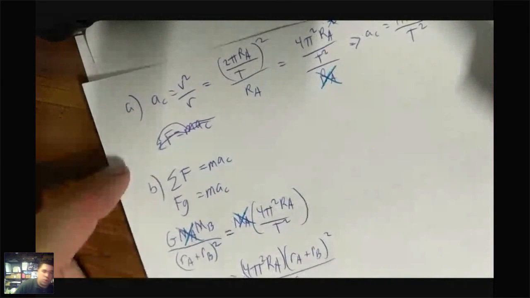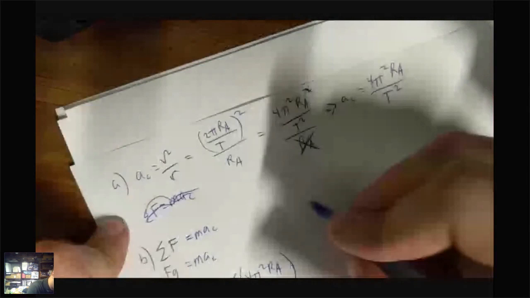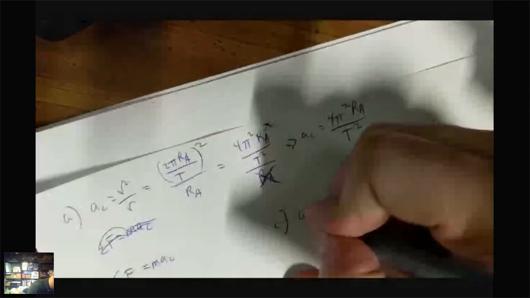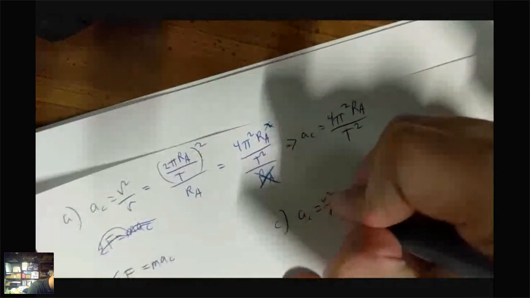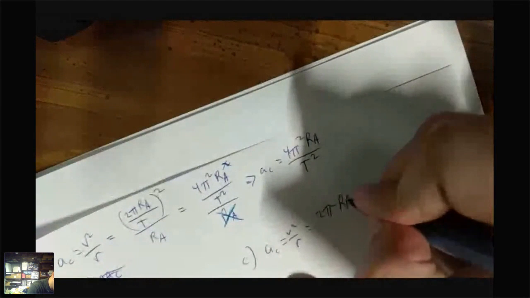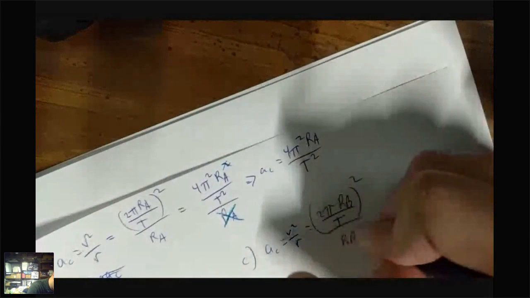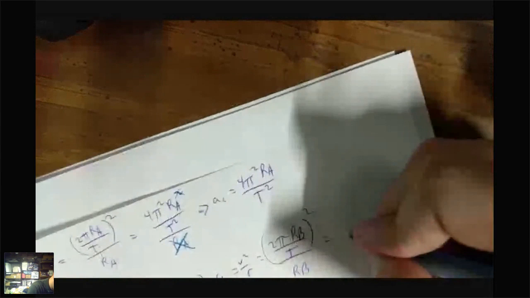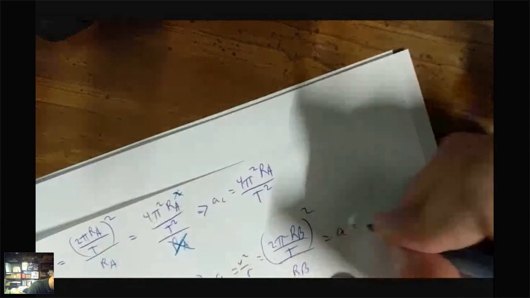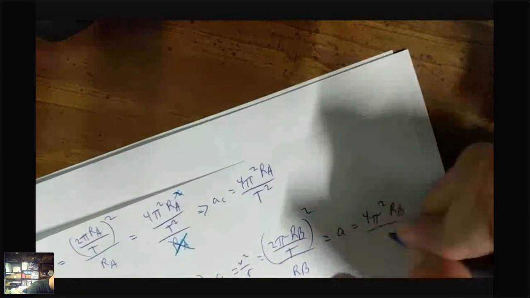There might be a shortcut, but I'm kind of tempted just to run through it and say, okay, I'm going to do AC equals V squared over R. This is 2 pi RB over T, squared, over RB. So the acceleration is 4 pi squared RB over T squared.